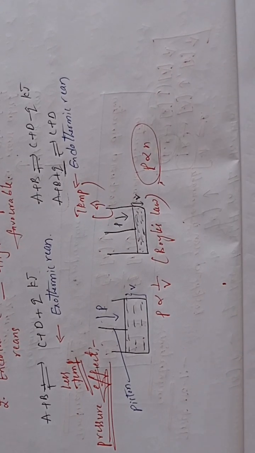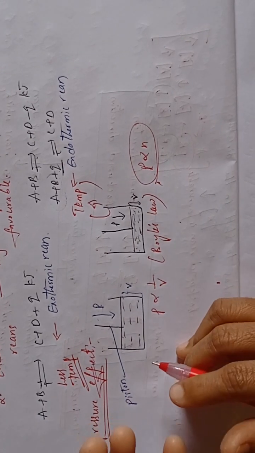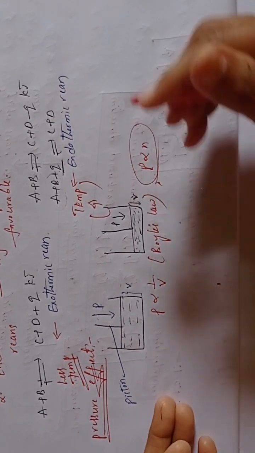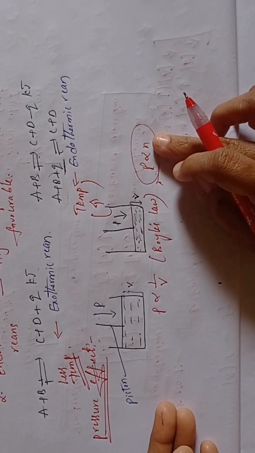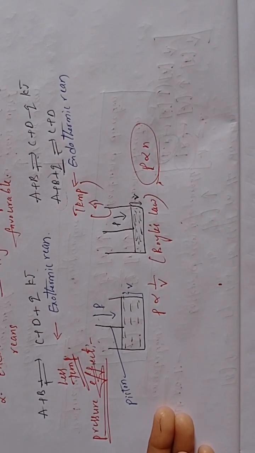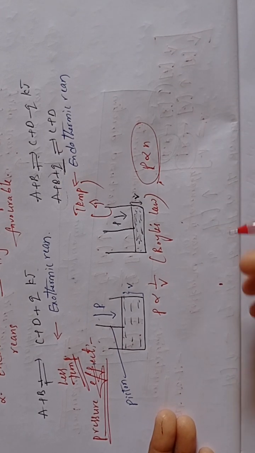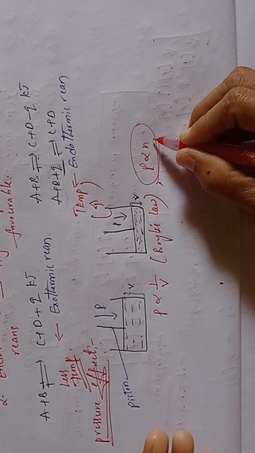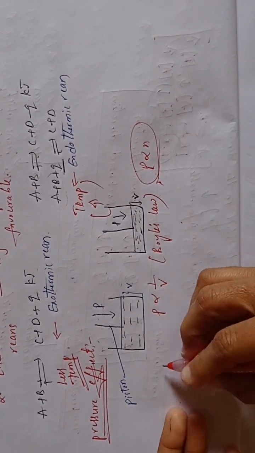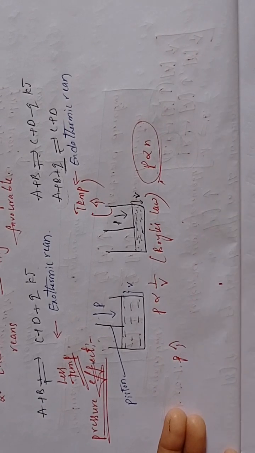So remember, students, number of moles less, pressure less. When the number of moles of the gaseous molecules increases, then the pressure also increases. Understand? So P is directly proportional to n. Whenever we are increasing the pressure, what happens, students?